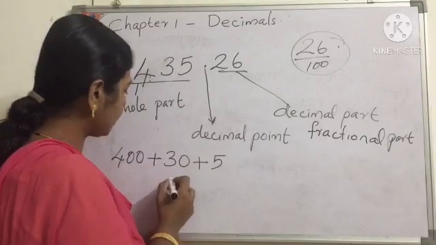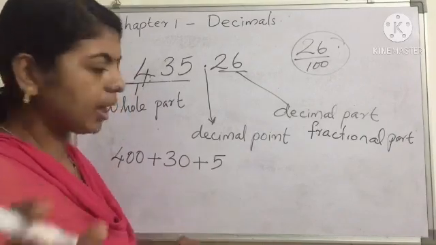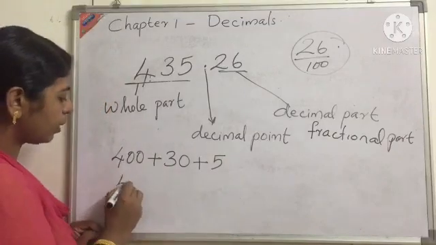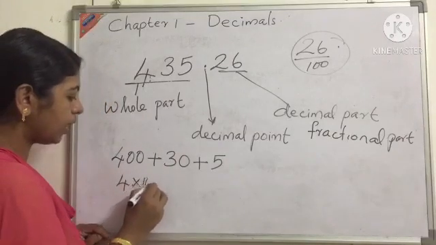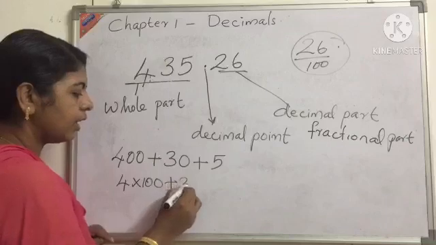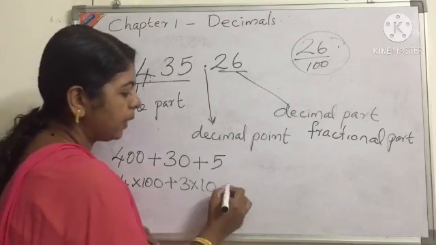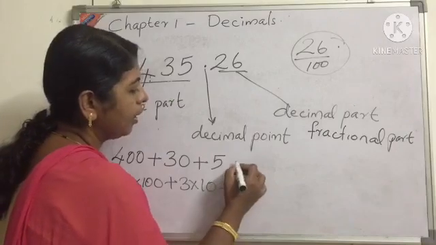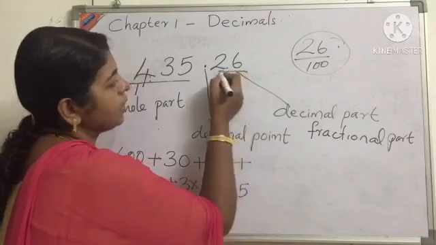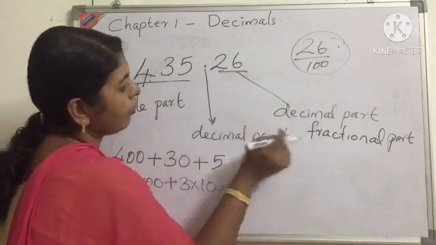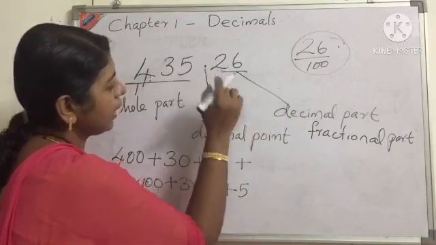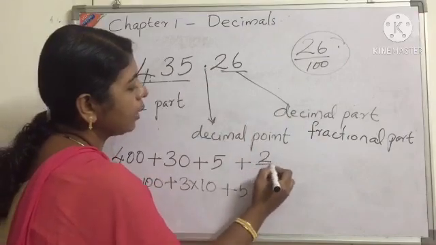We can write it in another way also. It's 4 into 100 plus 3 into 10, because it's in the place of 10, plus 5. Plus this decimal part or fractional part we can write as 2 by 10.